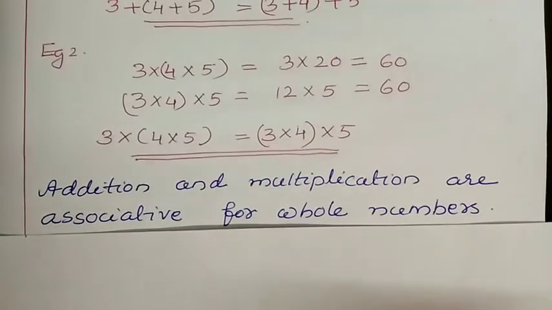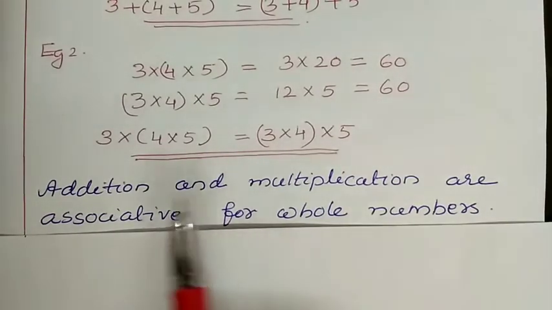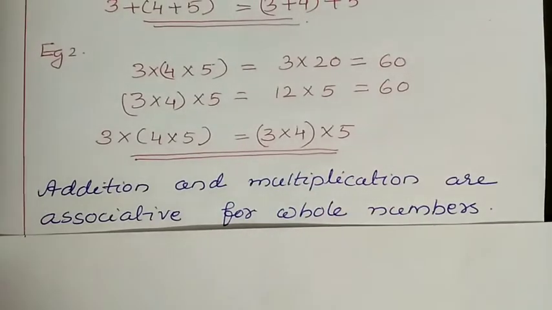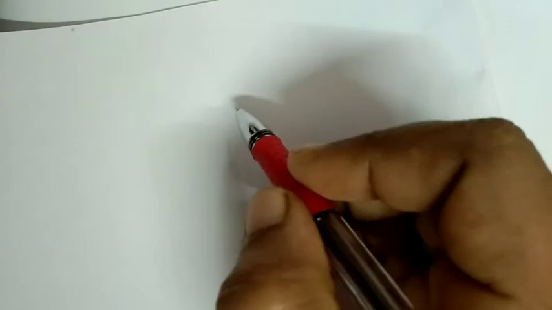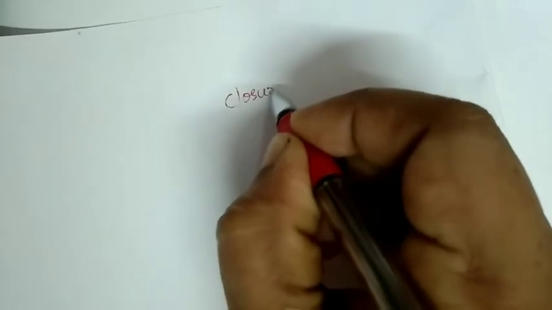The closure property, commutative property and associative property: these three properties are satisfied by addition and multiplication. A quick revision of these three properties. The first one is the closure property. What is closure property?